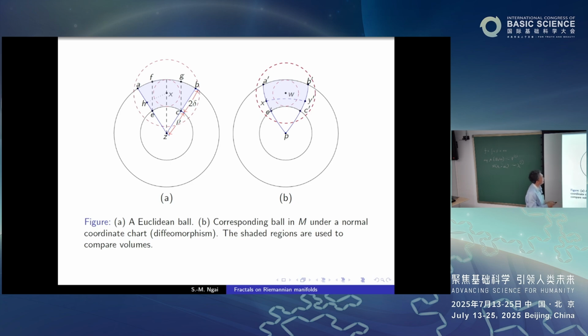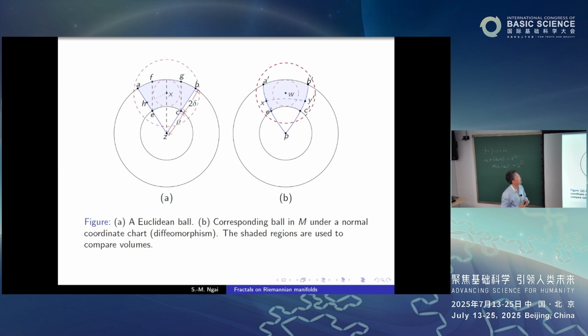But to control the distortion, we have to make sure that the geodesics do not diverge too fast or converge too fast. Toponogov's theorem guarantees that if the sectional curvatures have a lower bound, then the geodesics do not diverge too fast.